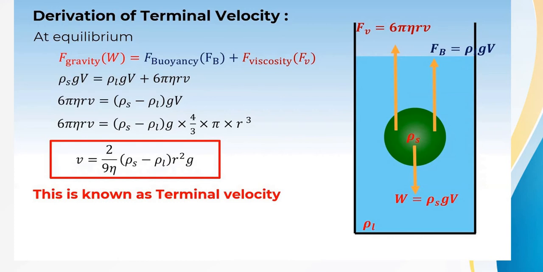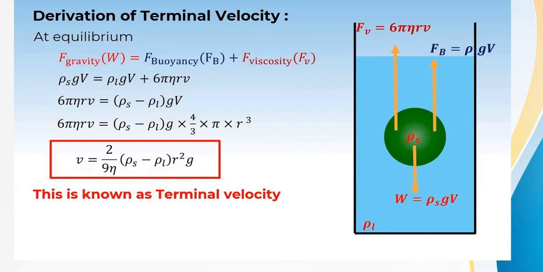Here we are finding the velocity. So 6 pi eta rv is equal to rho s minus rho l into g into V. The volume can be substituted as 4 by 3 pi r cube because it is a spherical object, r being the radius. So 6 pi eta rv is equal to rho s minus rho l into g into 4 by 3 pi r cube.